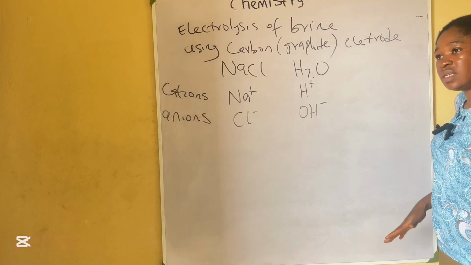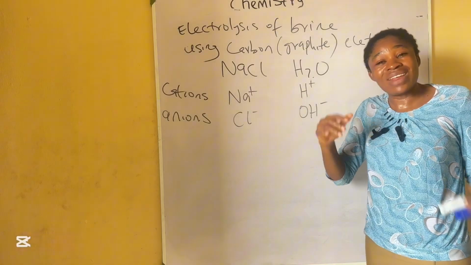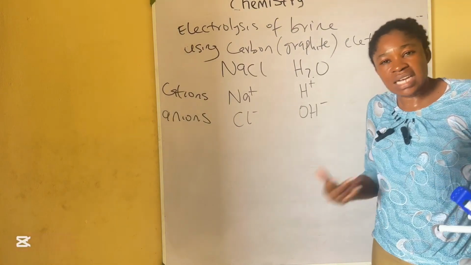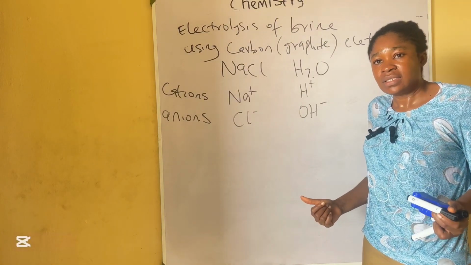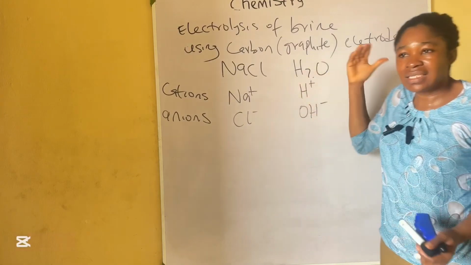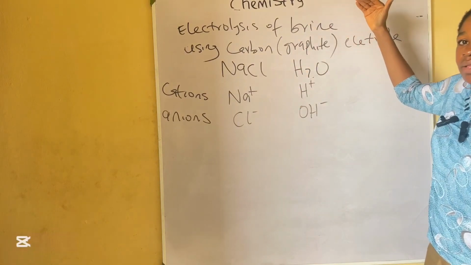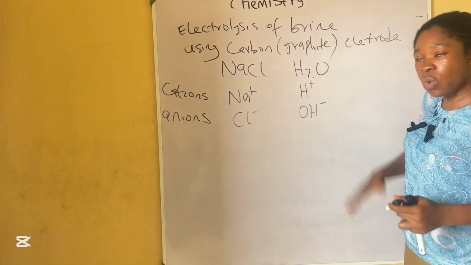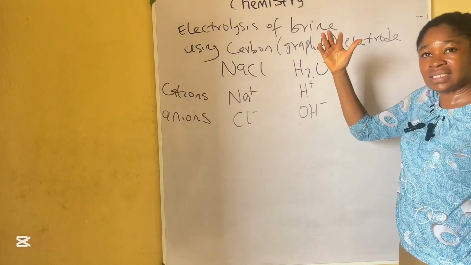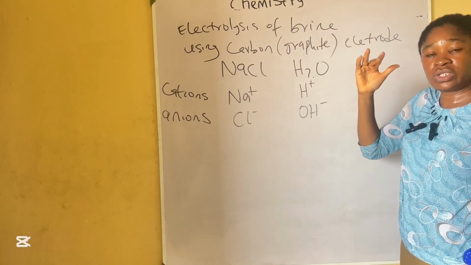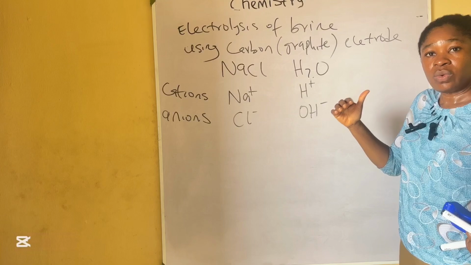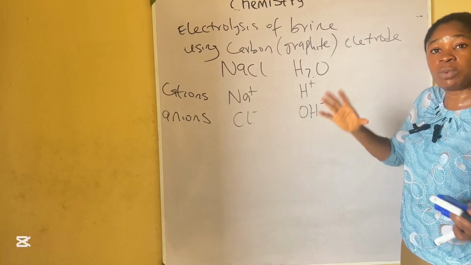So in terms of concentration, we know that the one that is highly concentrated will be preferentially discharged, right? But because of this distance, sodium is high and hydrogen is lower. Because they are far apart, effect of concentration will not hold. We cancel out. What we use is position.